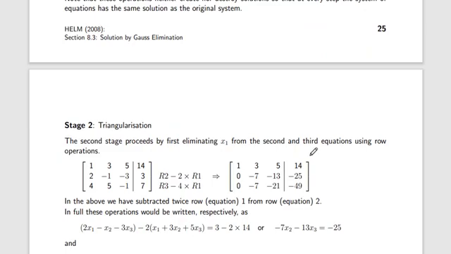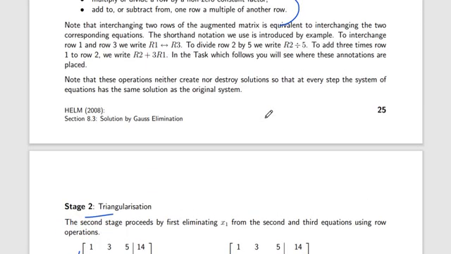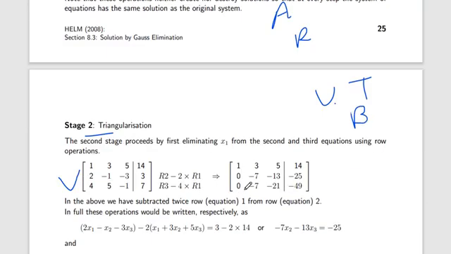Then the second stage is to make this augmented matrix into an upper triangle matrix. In simple Gauss elimination, first make the augmented matrix, then apply row operations to make it upper triangle, and with back substitution we can solve the linear equation.